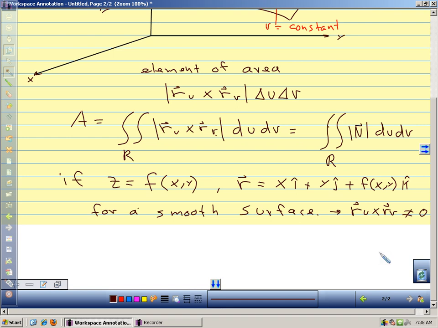Yesterday we talked about how we come up with a representation for a parametric surface, what a parametric surface looks like. Now we have a tool for finding the area of a parametric surface. We can also find the equation of a tangent plane to the parametric surface.